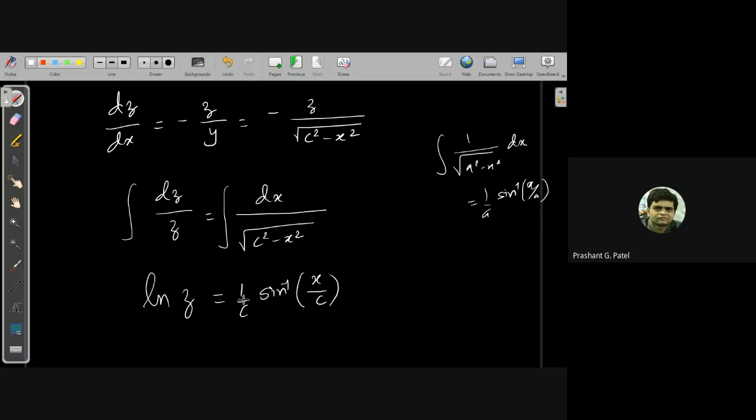Is the 1 upon c coming? I don't remember. Does anyone know the formula of this integration? I think so. Is 1 upon x there or not?